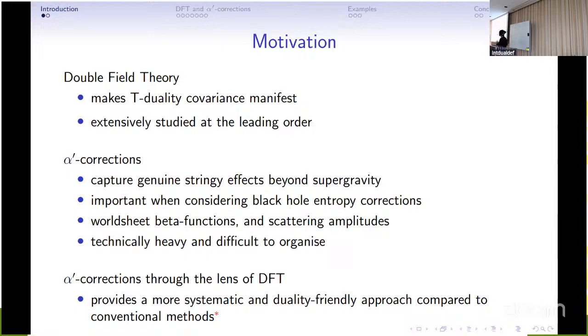We are not touching upon the tension territory, the higher orders. But yes, there's going to be a little comment. Are you working at leading order in string coupling? Yes. We are not going there, nothing to do with g_s, just alpha prime. All right, so that's a little comment.